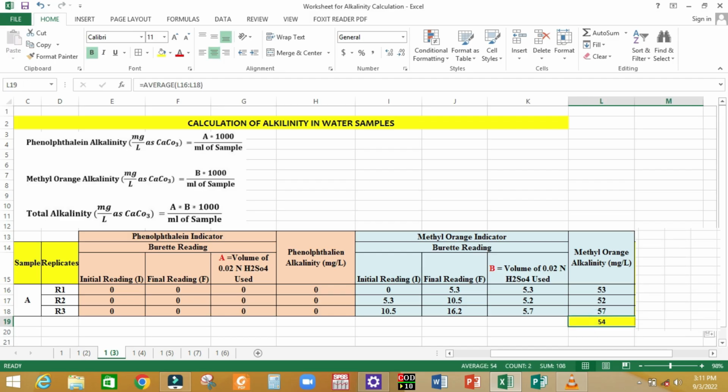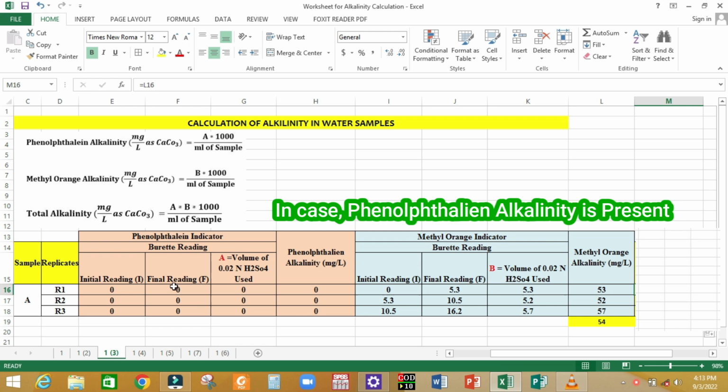As mentioned earlier, not every sample that you analyze will have both phenolphthalein alkalinity and methyl orange alkalinity. For your information, in case after the addition of the phenolphthalein indicator the water samples turn pink in color, then you have to titrate it. After you titrate it, you'll get the initial burette reading and the final burette reading, and then you'll get the A value, and after you obtain the A value, the phenolphthalein alkalinity will be obtained.